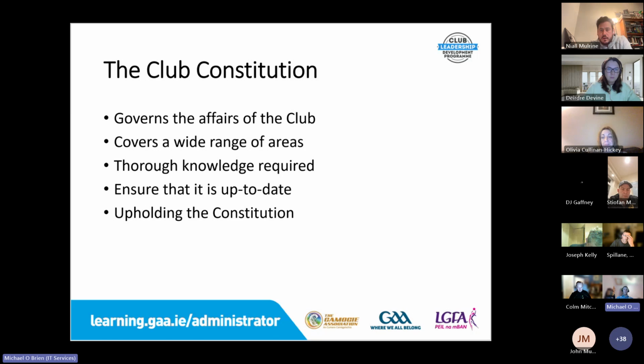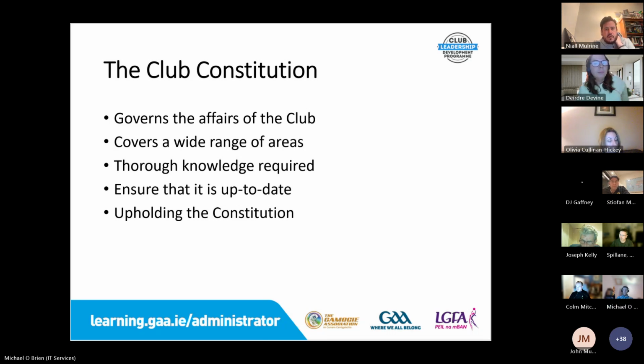Like if I want to find out how do I appeal a red card a player got last Saturday night, I go to the club constitution and it's detailed step by step what I need to do and how do I appeal it. And if I'm successful, it's all detailed within the club constitution. So it's one of these documents that people need to be aware of. The club constitution or equivalent is a key document that the club's chairperson needs to know about.